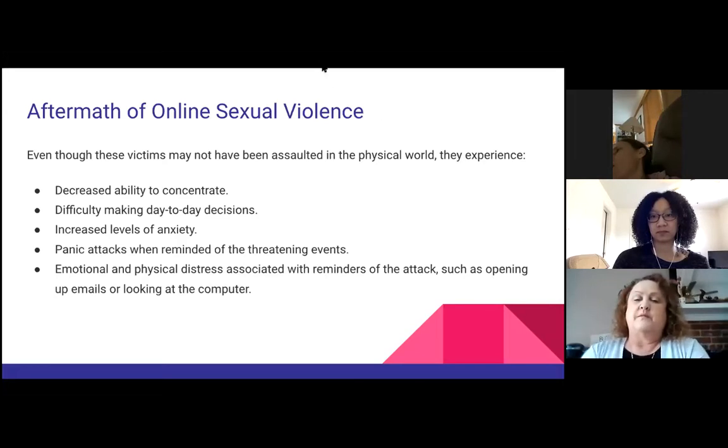Even though they may not have been physically assaulted in person, as we're talking about online, that type of violence and that sense of losing control is going to be there. So they're going to experience things like a decreased ability to concentrate, and possibly have difficulty making day-to-day decisions.